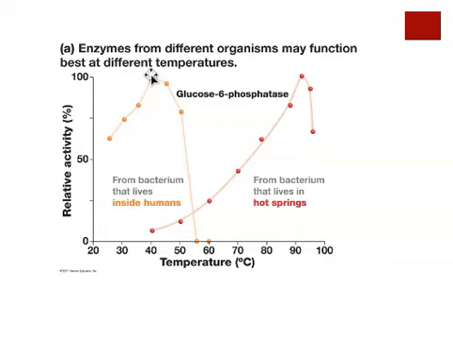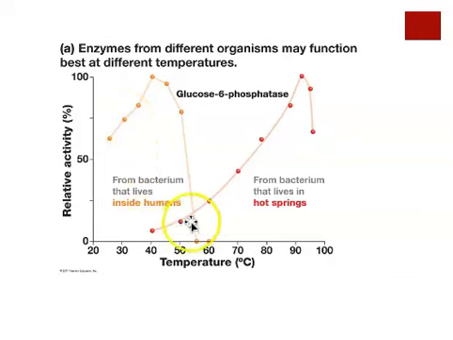Now, it doesn't mean it can only work at that body temperature. If we drop the temperature down a little bit this way, or if we raise the temperature up a little bit this way, we're still making product. We're just seeing the relative activity drop off. Maybe the enzyme is only 60% effective, or 75% effective in producing product.